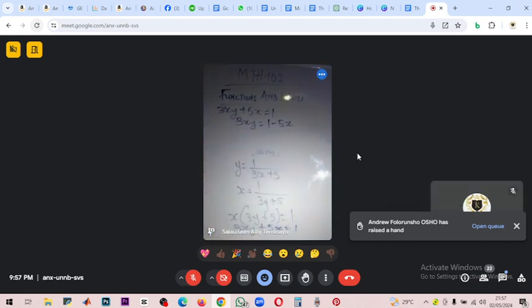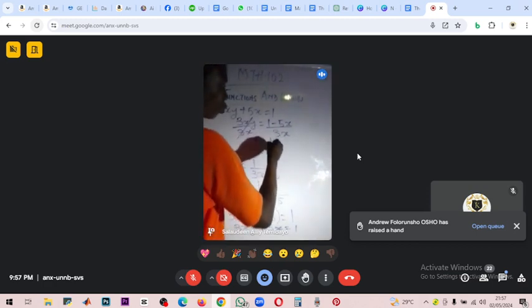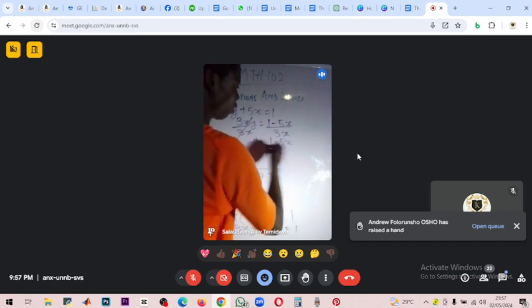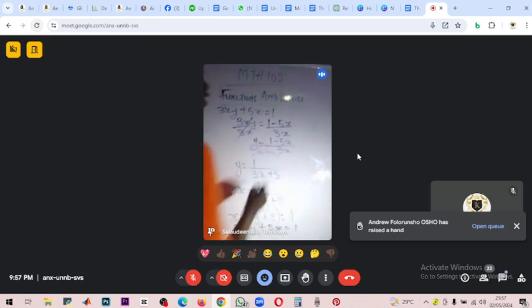Now we have 3xy. We can divide both sides by 3x straight away. This is normal mathematics. So 3x cancels 3x, and we have y equals 1 minus 5x over 3x. I know it might look complex, but it is normal mathematics.